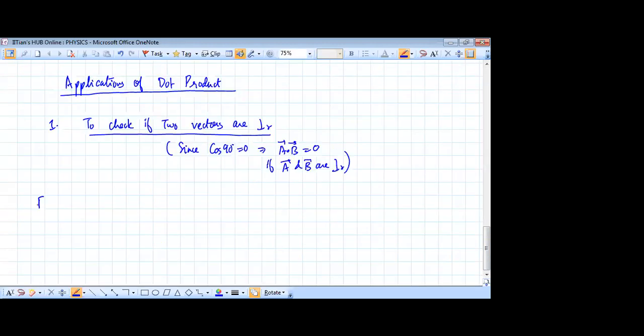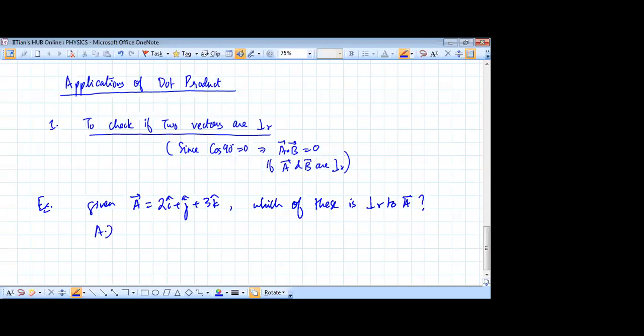So for example, given a vector, let's say A equal to 2i cap plus j cap plus 3k cap, okay, which of these is perpendicular to A? Okay.